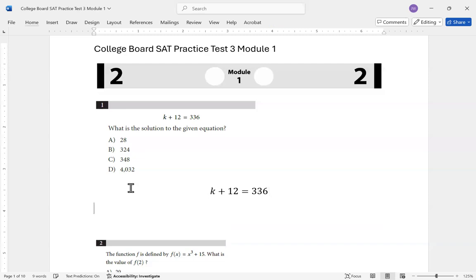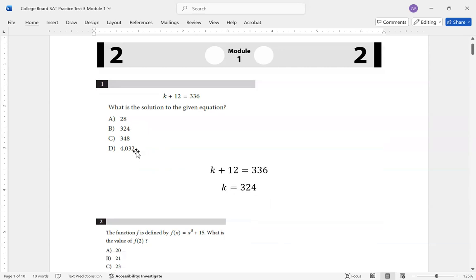In order to solve this, I would subtract 12 from both sides. When we subtract 12 from both sides, we get K is equal to 324. So the answer to problem number 1 is B, 324.